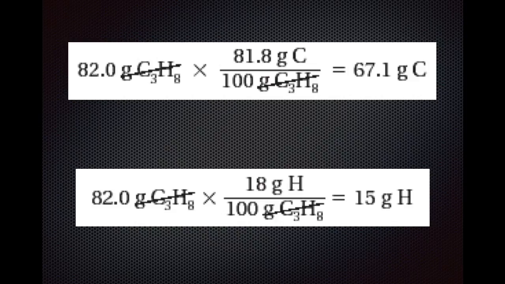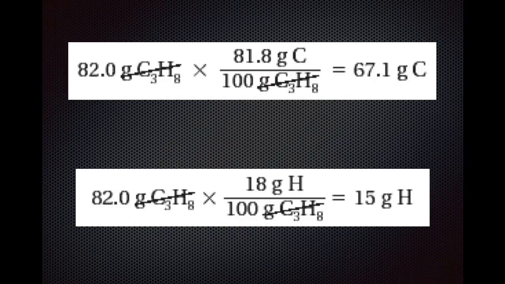So right now, you might be asking yourself, do I need that conversion factor? No, not necessarily, because you can do it simpler if you just ask yourself, what is 81.8% of 82? Instead of using that first conversion factor, which is 81.8 divided by 100, it's the same thing.